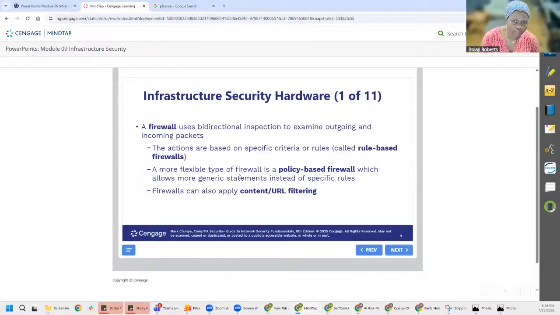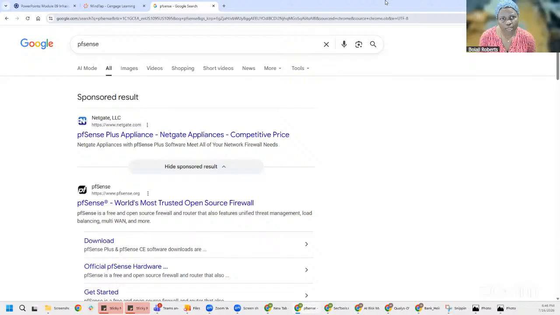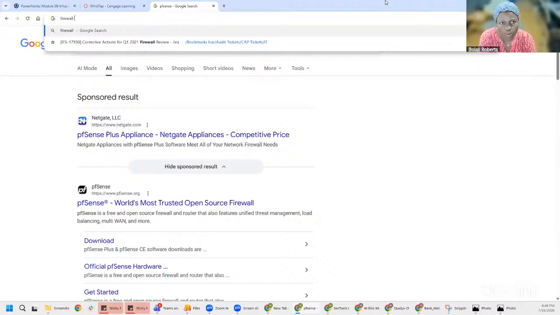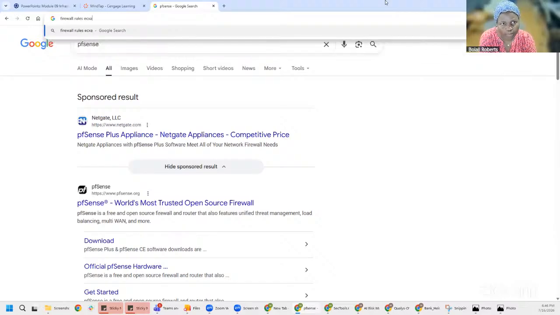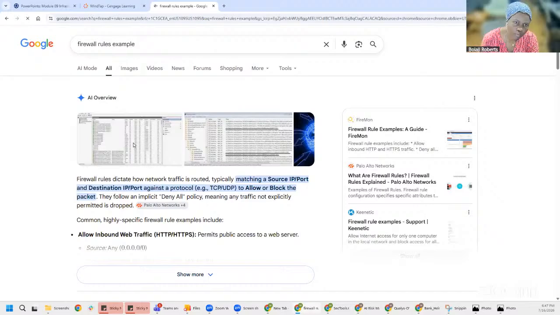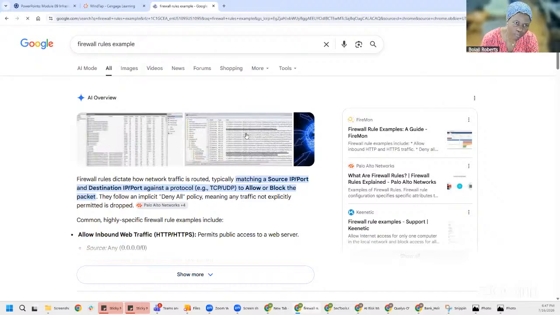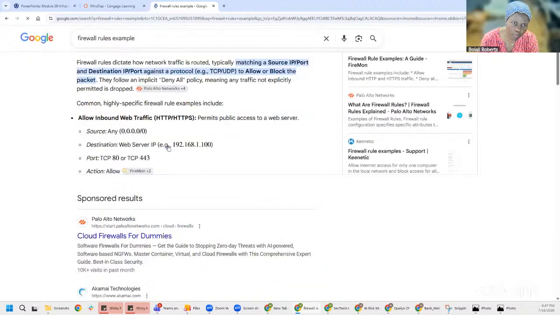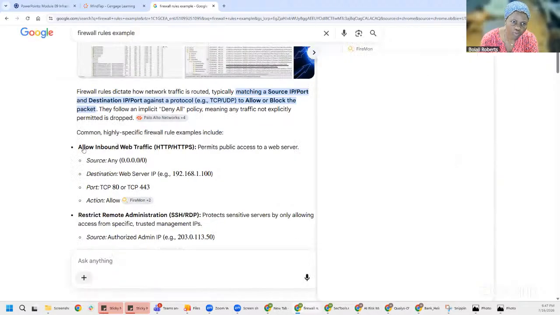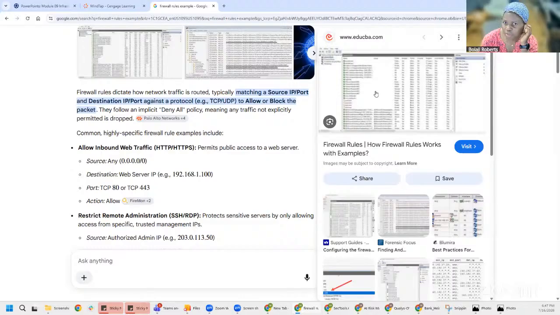So you have the policies, and let me just show you an example of firewall rules, and then we can look at that together. So take, for example, you have an inbound rule.